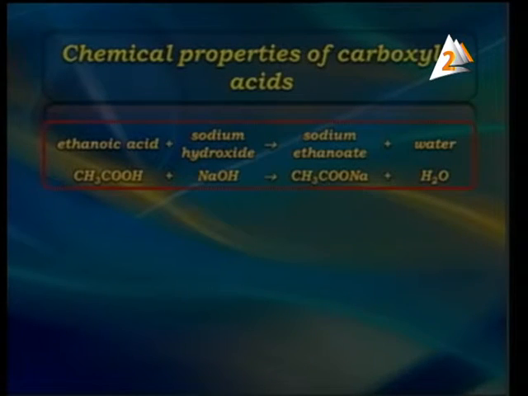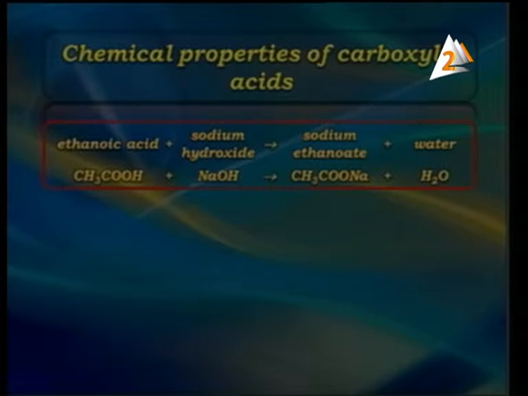Here we have ethanoic acid, CH3COOH, reacting with NaOH, sodium hydroxide. What will happen here? Sodium ethanoate is produced. The sodium replaces hydrogen as in any reaction between an acid and a base, because sodium is more active than hydrogen in the chemical activity series. It's very easy to know this.